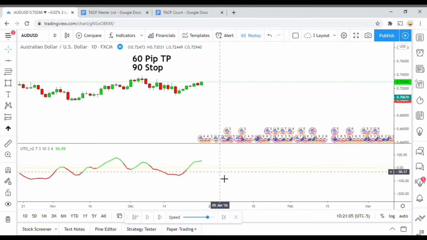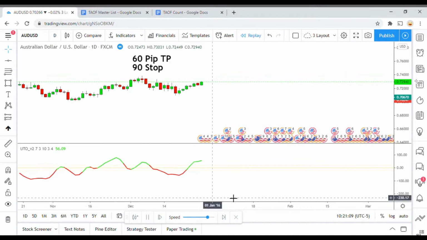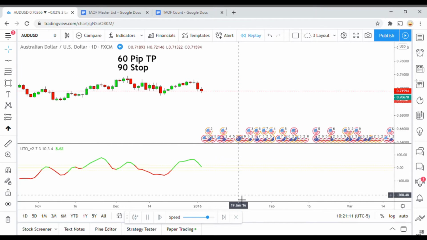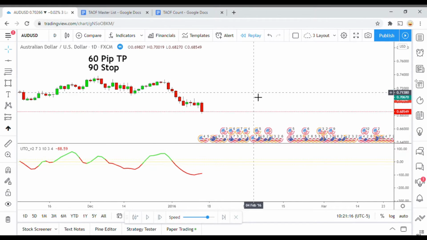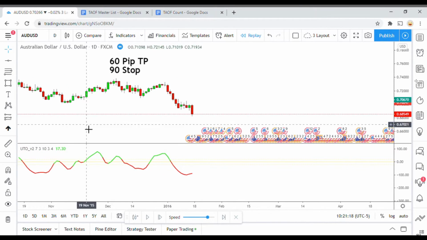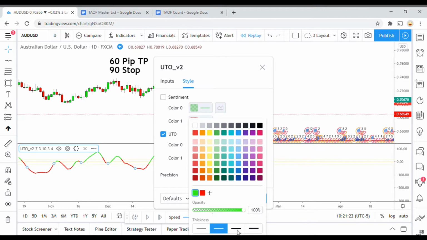Alright, so when the oscillating line turns green, it's a signal to go long. When it turns red, that's a signal to go short. Pretty simple. Not a whole lot to it. And there's our first signal right there.